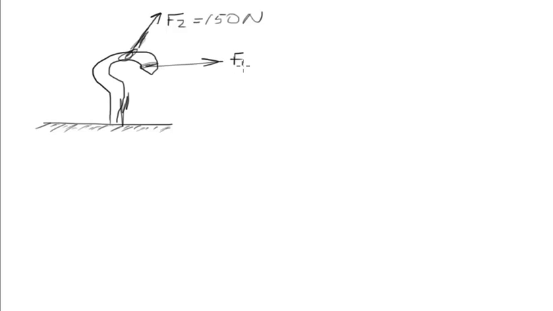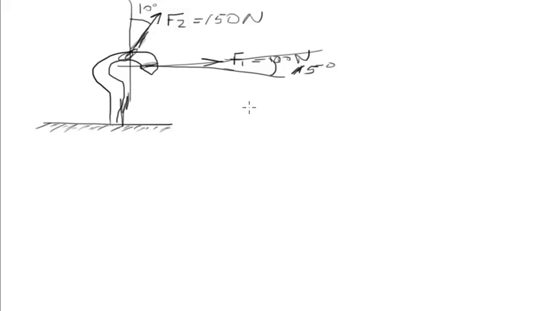I think it's F1 is equal to 100 newtons. All right, and we were given the information that this angle here was about 10 degrees, and that this angle here was about 15 degrees. I know they're not to scale, but the numbers are correct.